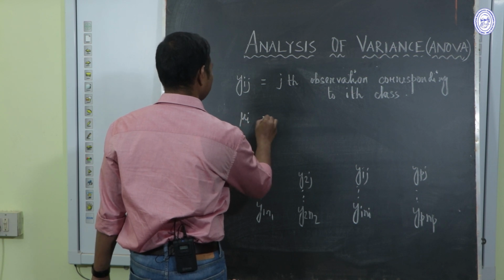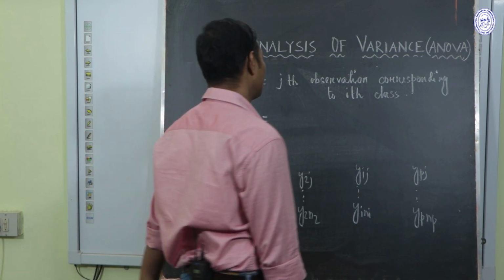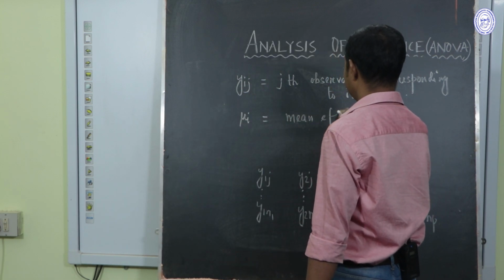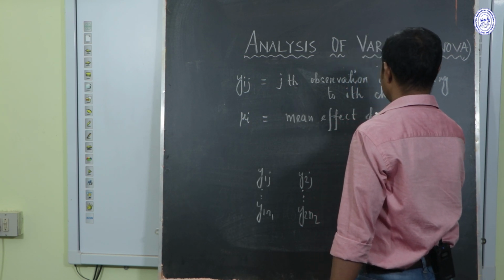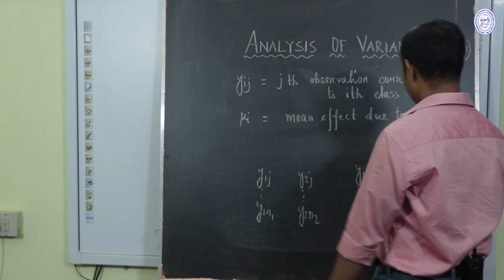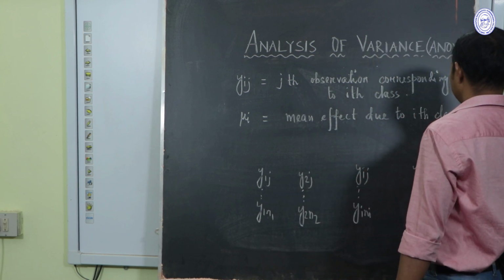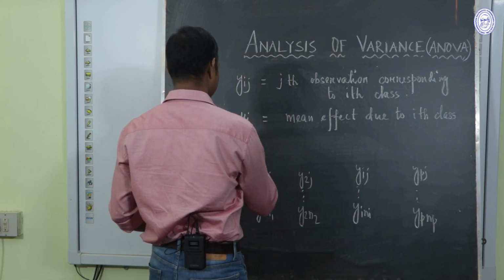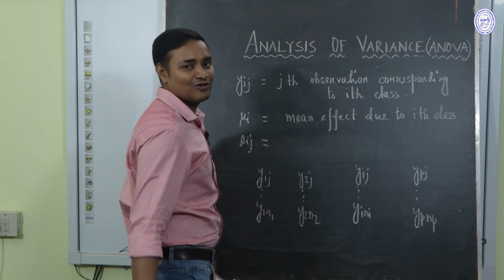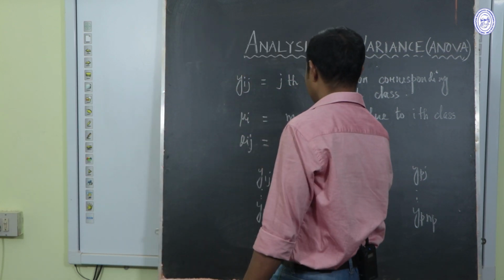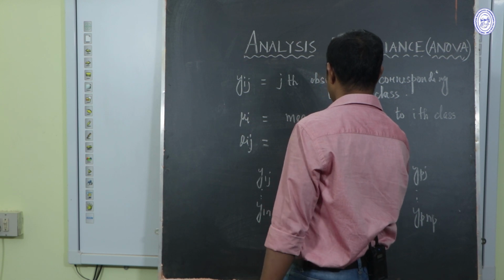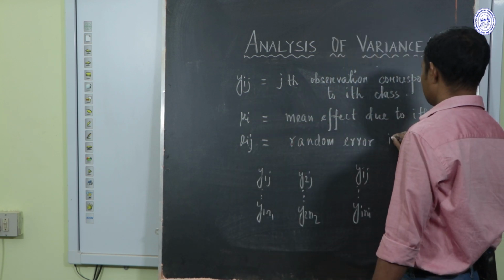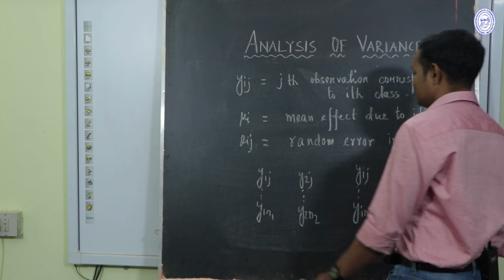Mu i equals the mean effect due to the ith class. Eij equals the random error in Yij.